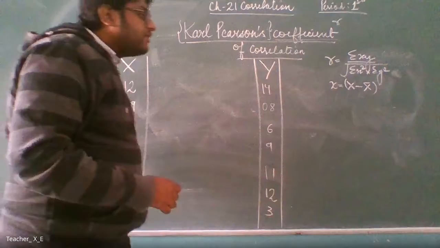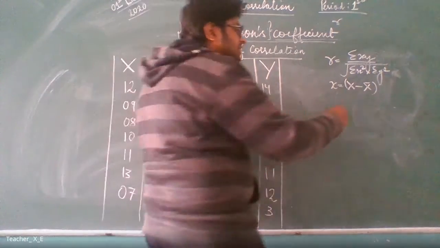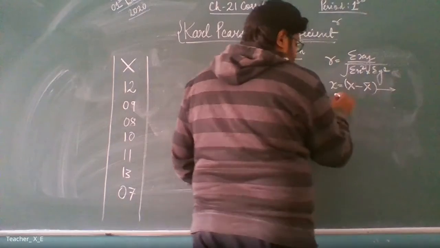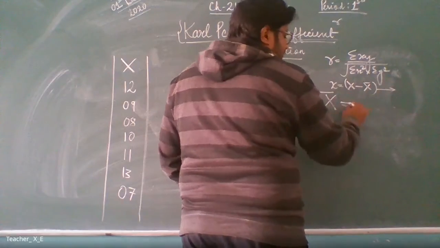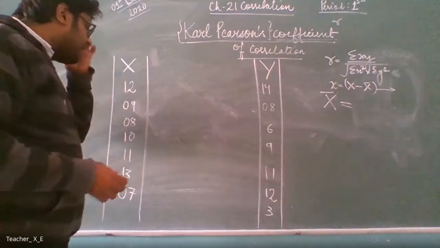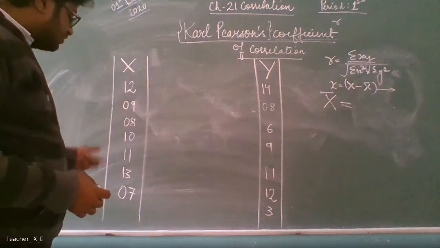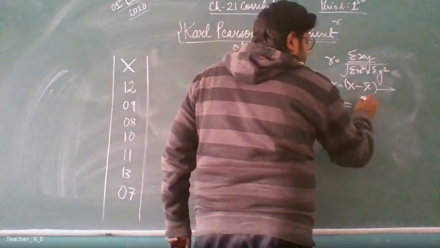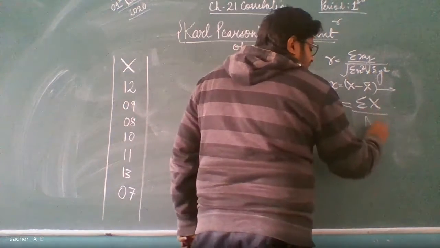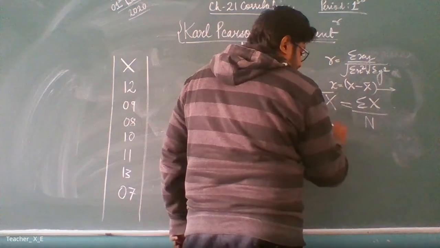How will we calculate the mean of the x series? We take the summation of capital X and divide it by the number of items.